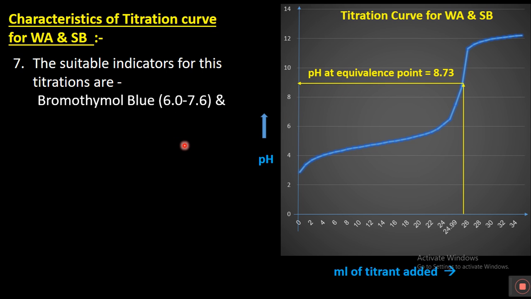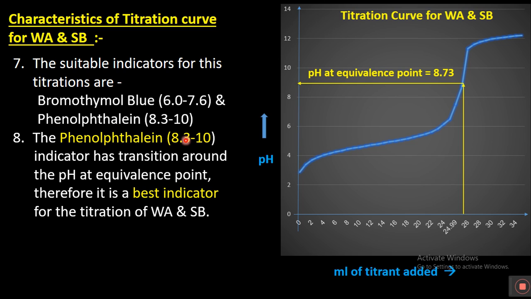The transition range of phenolphthalein is 8.3 to 10. Therefore, it is called the best indicator for the titration of weak acid and strong base.